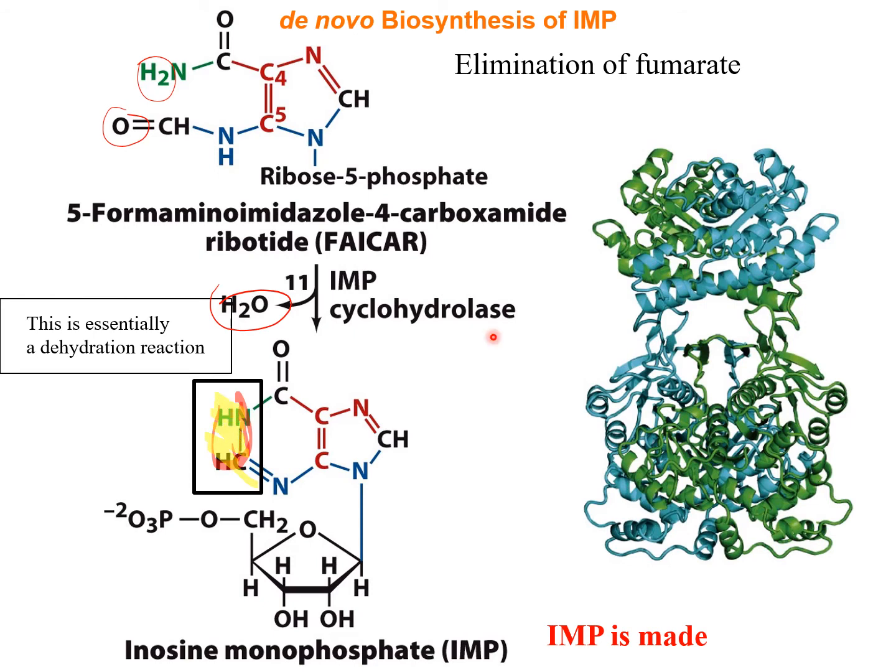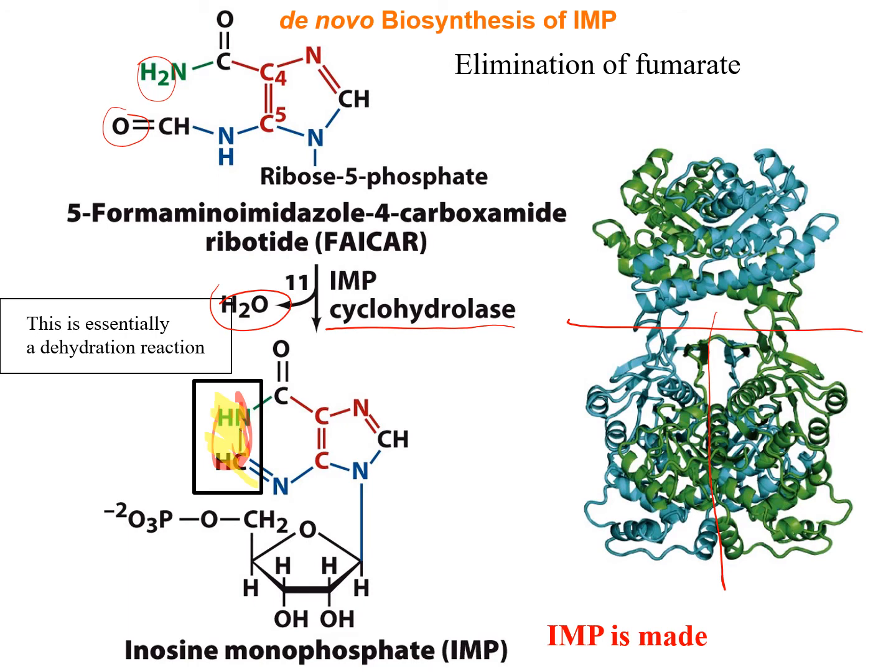So we have IMP, and the enzyme that makes this is IMP cyclohydrolase. And you can notice here the enzyme is a dimer. Actually, I see some symmetry here, so it looks like it has some threefold symmetry. Very multimeric, essentially all of these enzymes are very much multimeric enzymes, which means they must be subject to a tremendous amount of regulation. So we are finished.